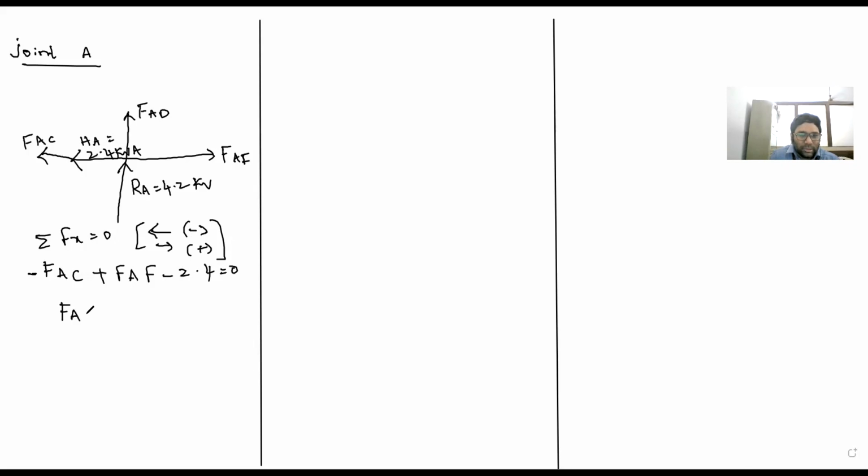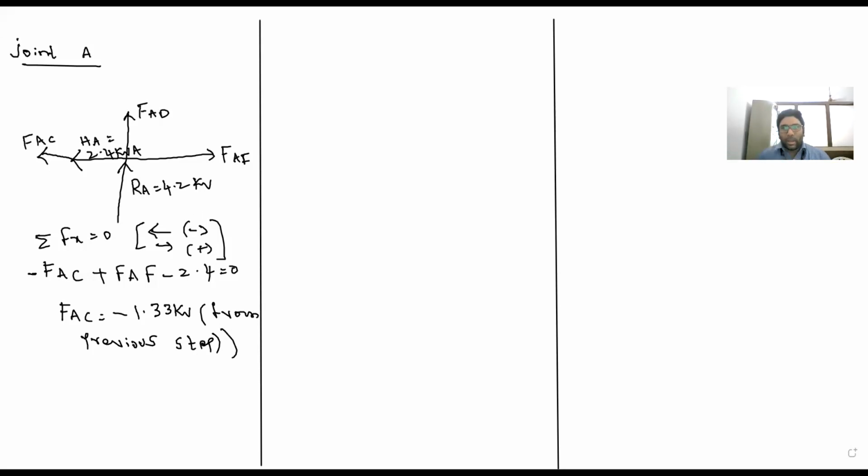How much did we get? I'm just checking the PDF. So FAC is 1.33 compression, so FAC is equal to minus 1.33 kilonewton from the previous step.